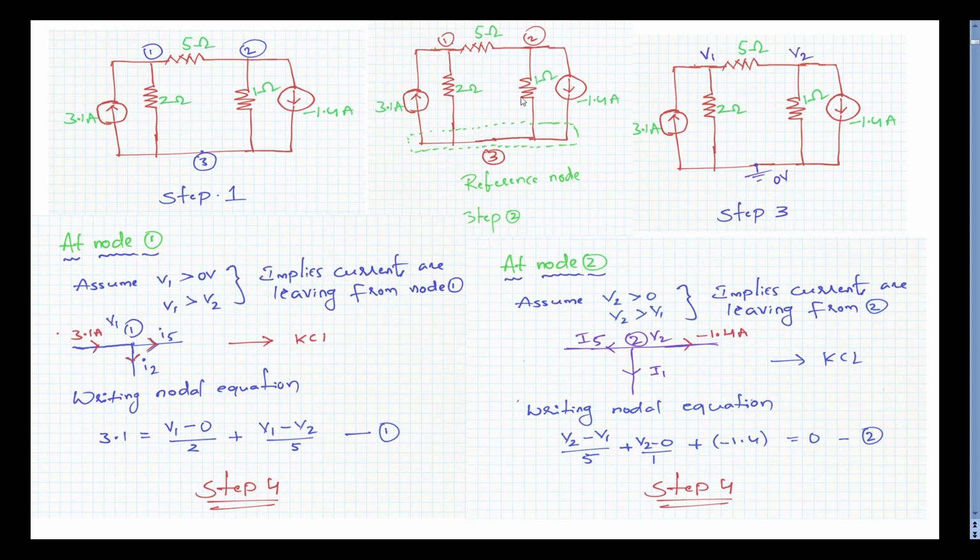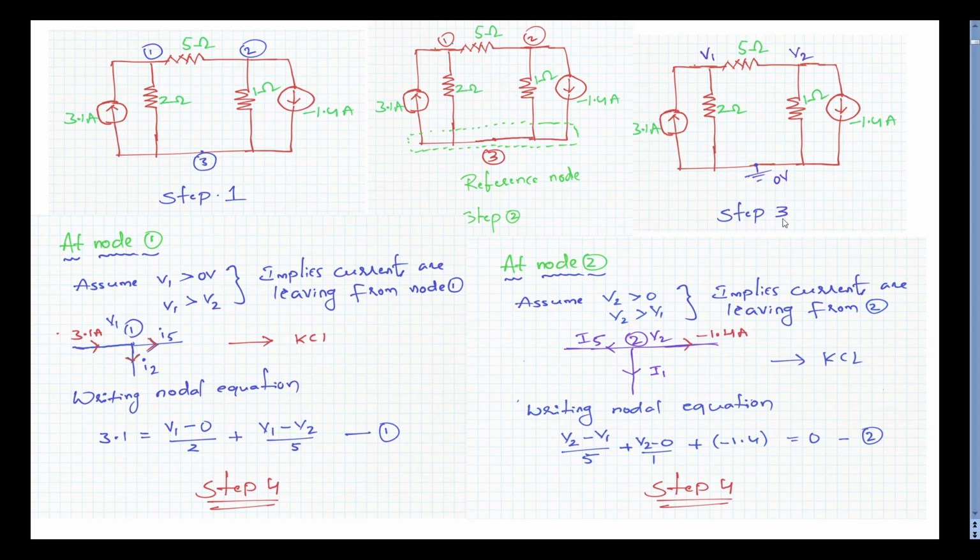You have to choose one node as the reference node. So I am choosing node 3 as the reference node. Why? Because node 3 has the most elements connected to it. This is step 2, choosing the reference node.